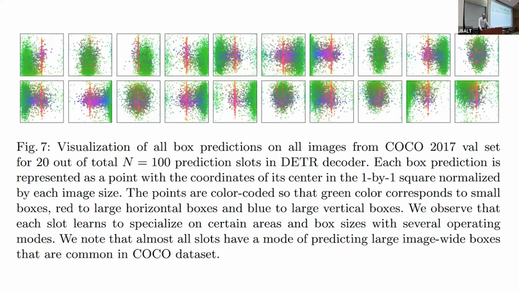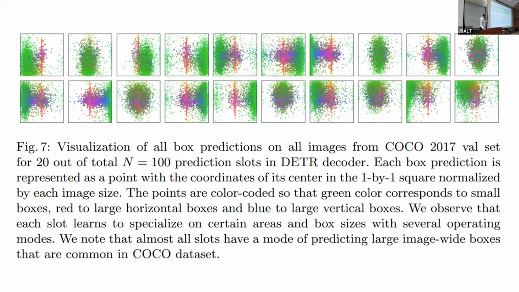And this is another interesting result from the paper, because then they ask, okay, I have these 100 slots for my objects, and I will statistically compute what they are looking for. And in this image, you can see that the queries actually specialize on position and shape of the objects that they are detecting.